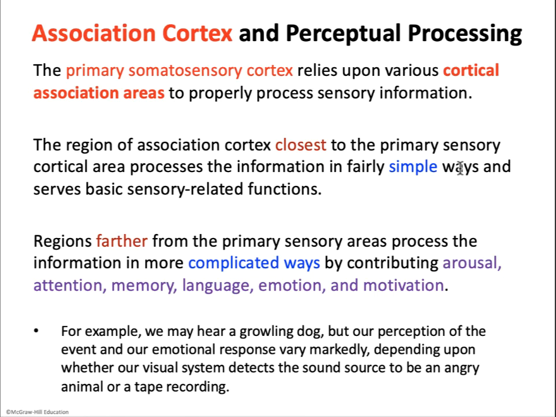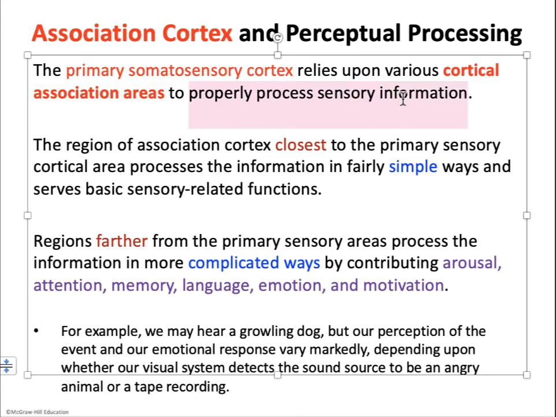The primary somatosensory cortex relies upon various cortical association areas for proper processing of sensory information, also to modify that information based on many factors, including emotion and motivation, arousal, attention, memory, and language. Thus, a person who's depressed at one time may respond completely differently when they're not depressed.